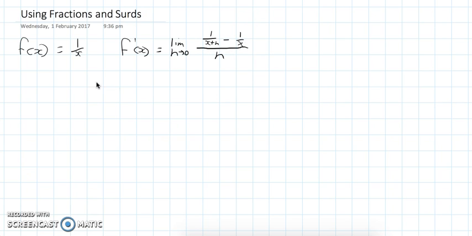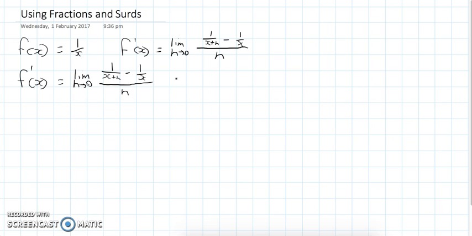So what we'll do, we'll come down to a new line, f dash x equals the limit as h tends towards 0 of 1 over x plus h minus 1 over x divided by h again.